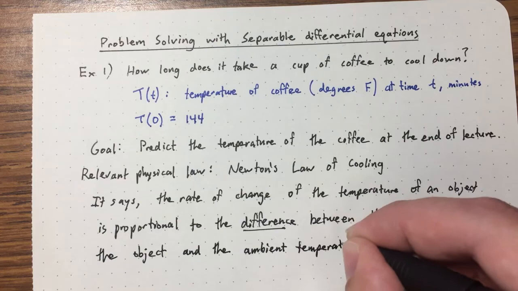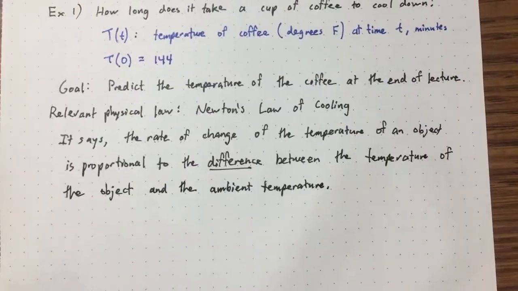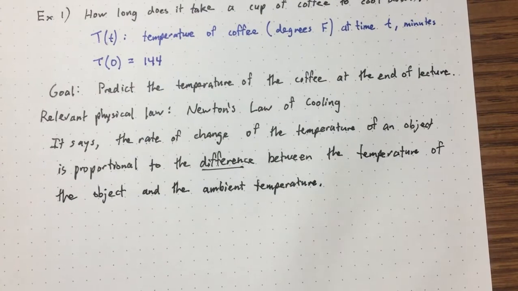Okay. Ambient temperature just means the temperature of the surroundings. So this is Newton's law of cooling. That's clearly relevant to our situation here, right? So we want to measure a temperature of this coffee. So that's going to be our object.